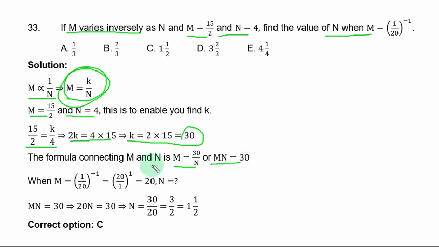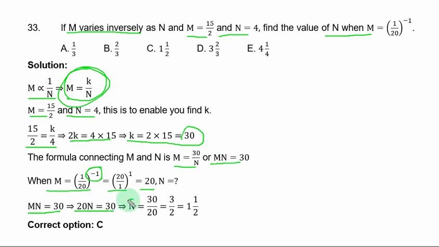You are asked to find N when M is equal to this. You can make this power to be positive when you interchange the position of 1 and 20 in this form. You simply have 20. So you go back to the formula connecting M and N. You replace M with 20 and you have 20N equal to 30.